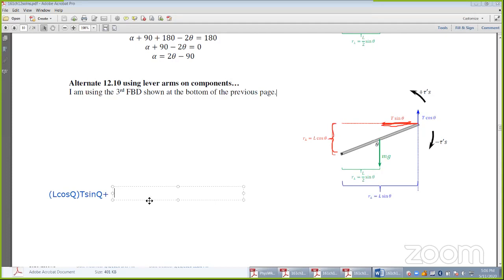It should be L sine theta times T cosine. And then now I do the green one. Negative mg. Gosh, I'm so slow at this online.